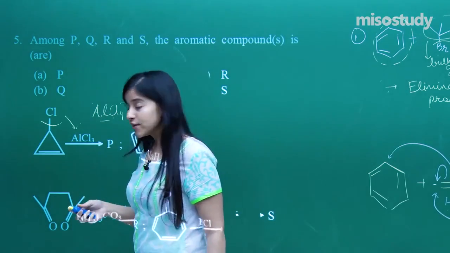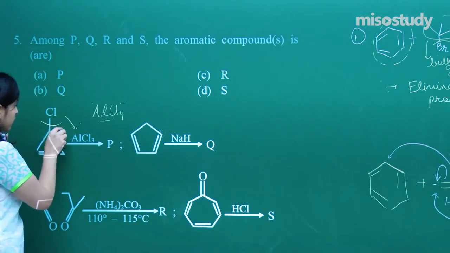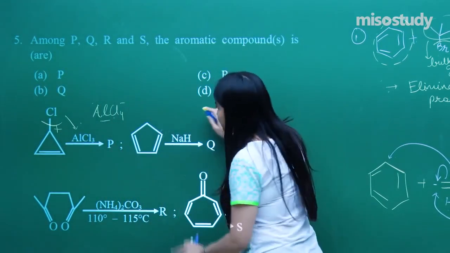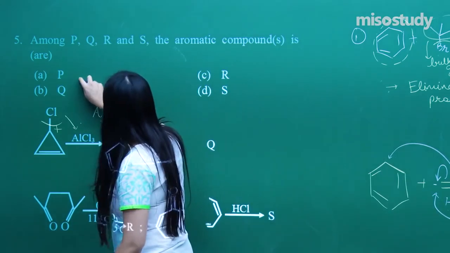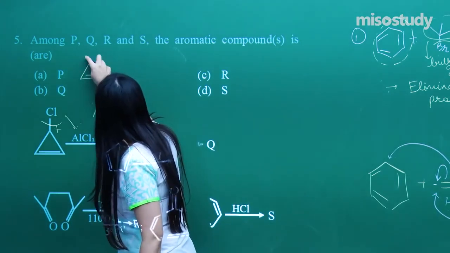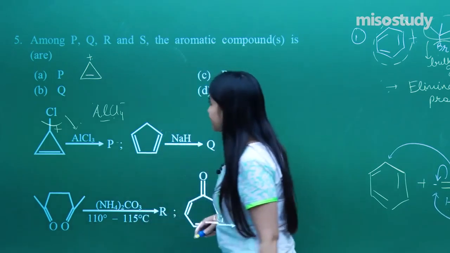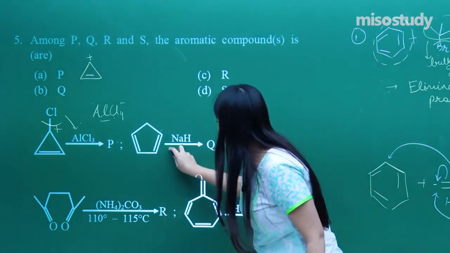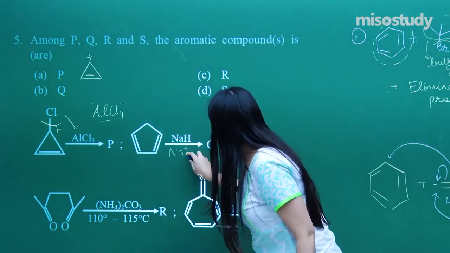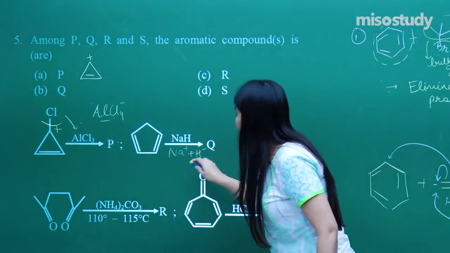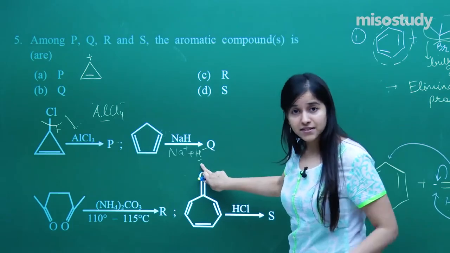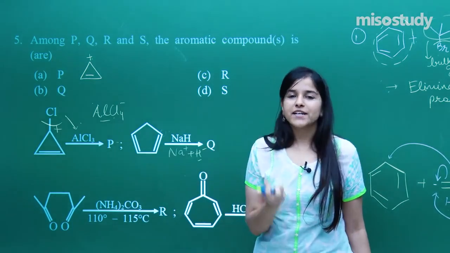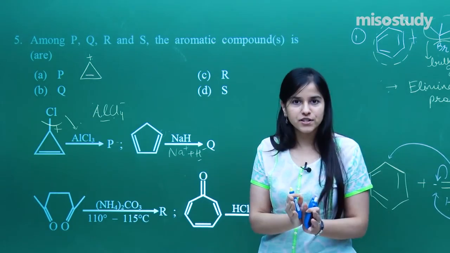And what else did we develop? Here we developed a carbocation. That means what? We have got here in the case of P a structure like this. So I am drawing it here. Now if I move on to this very reaction, here Na positive plus H negative. So H negative is serving as a base, that is the hydride ion over here, and the base is always abstracting what? Something which is positively charged.